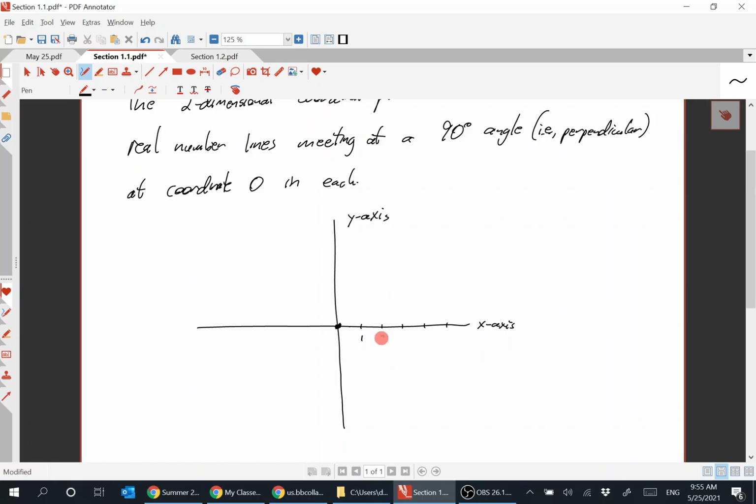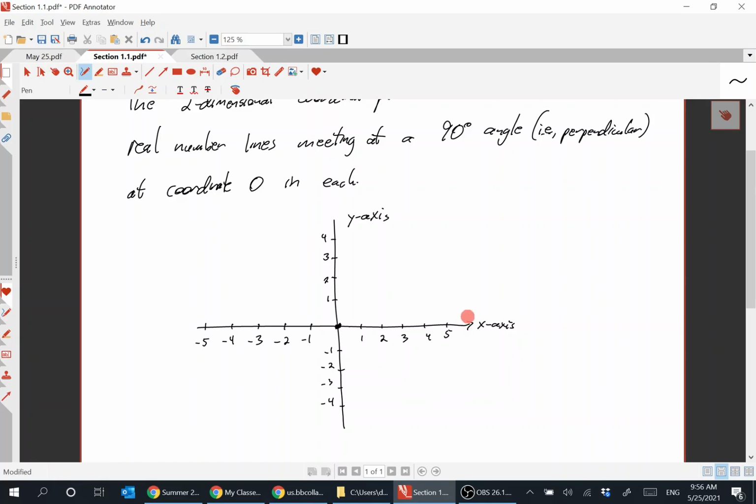So you've got the numbers 1, 2, 3, 4, 5 on the horizontal axis, increasing to the right, as was talked about before. And on the y-axis, it's increasing in the upward direction, so 1, 2, 3, 4, and decreasing in the downward direction: -1, -2, -3, -4.